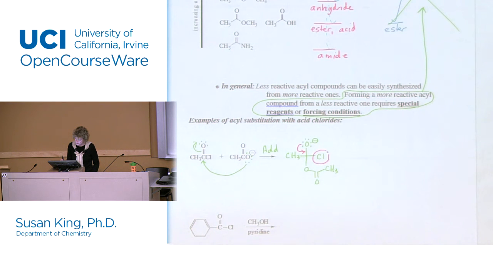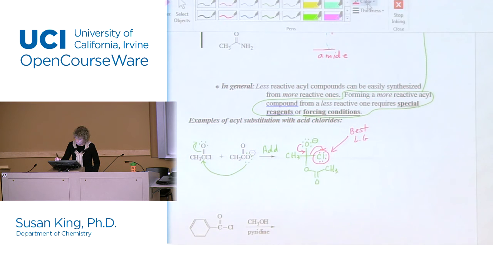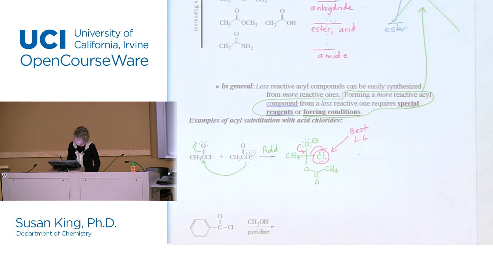So here's our best leaving group. And that's what's going to happen in these reactions. Best leaving group is going to win. Best leaving group is going to leave. So then we get elimination, and there we have our anhydride.